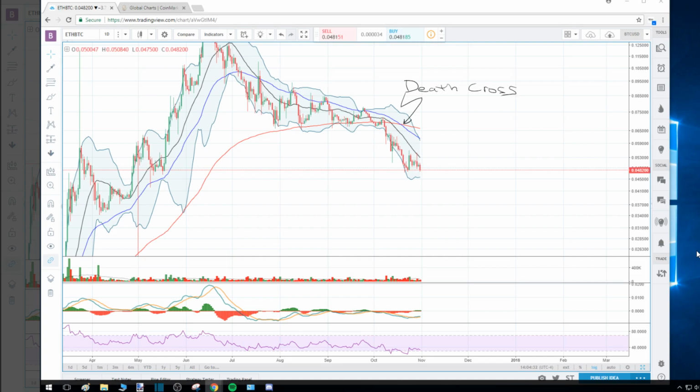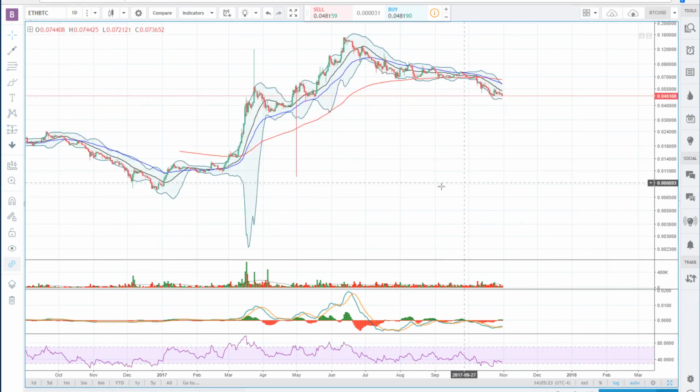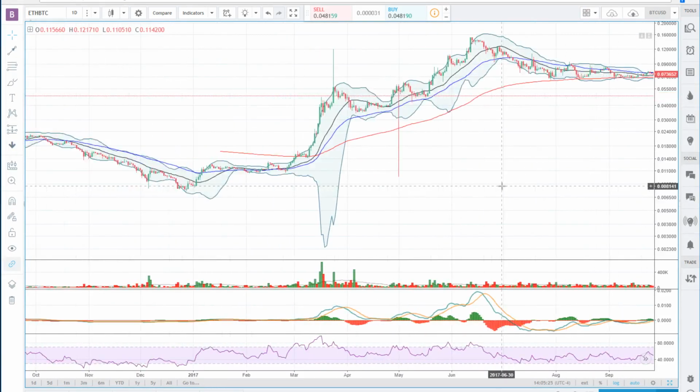This signals the beginning of a bear market. And the way that the candles have been trending, this does not look good in terms of Ether's dominance in the market and its market capital share with Bitcoin. It's losing dominance in the market.